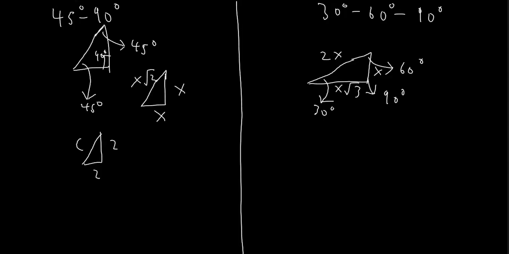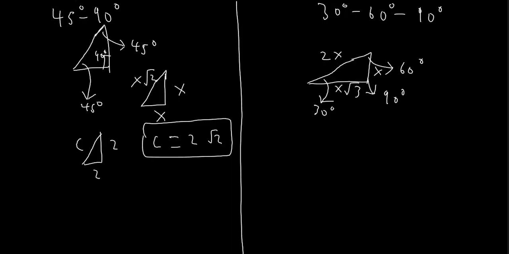So since it's a 45-45-90 triangle, right? Pause the video and just try to solve it by yourself for C. Okay, to solve for C, it's just this, right? It's just 2 times √2, and that's your answer. So it's very, very easy, if you know all these tricks here, to solve for the hypotenuse or whatever length you want.